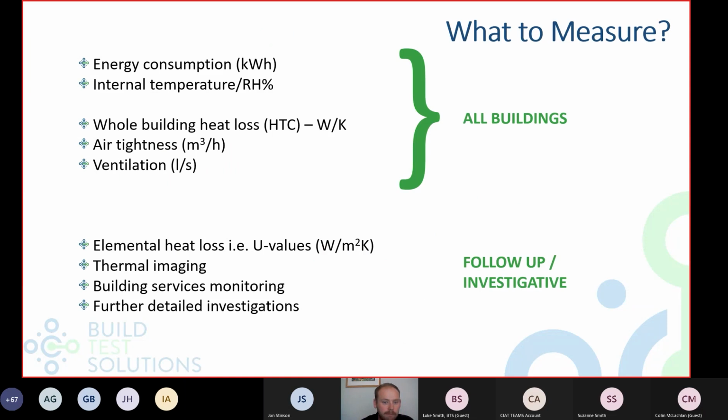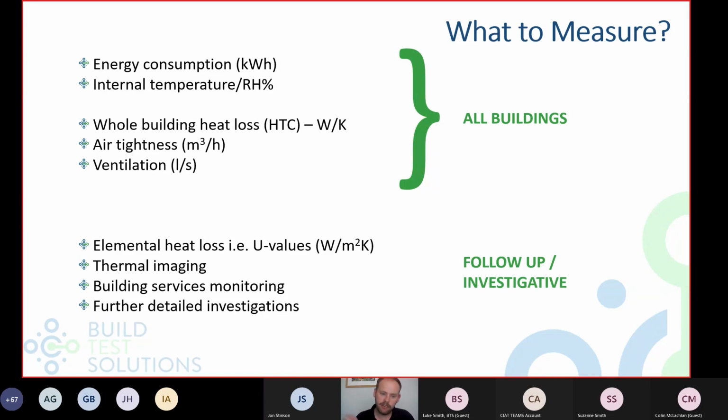So what to measure? On the actual metrics that you're measuring, energy consumption is a really clear metric. How much electricity, gas, oil are we consuming for that building? And then the internal temperature and relative humidity, what conditions are we delivering inside the building for that energy use?